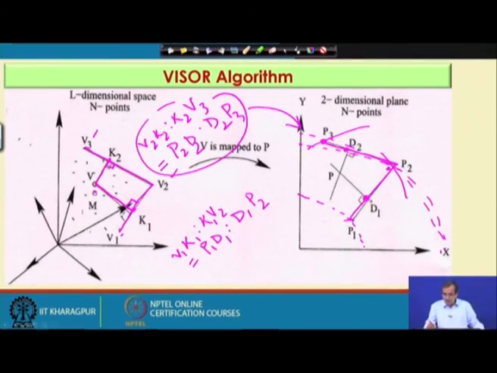Once we have got D1 and D2, we draw the perpendicular at the point D1 to the line P1P2, so I will be getting this type of perpendicular line.